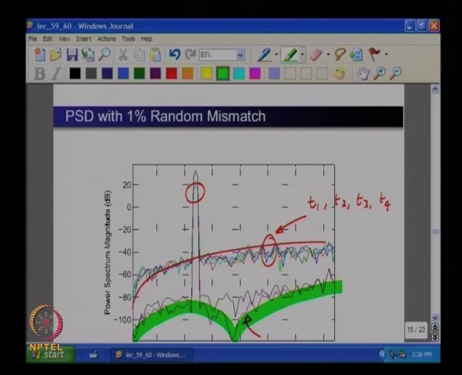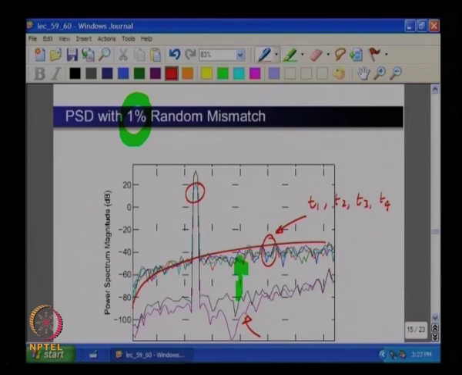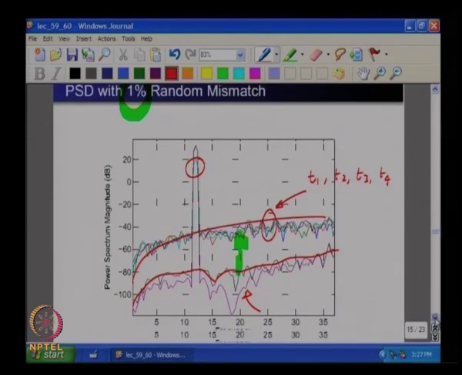And clearly when there is mismatch, the cancellation of these shaped noise sequences is not exact, so you are left with a residual. For 1% random mismatch, you see that you are a little above the ideal SQNR that you would have got.